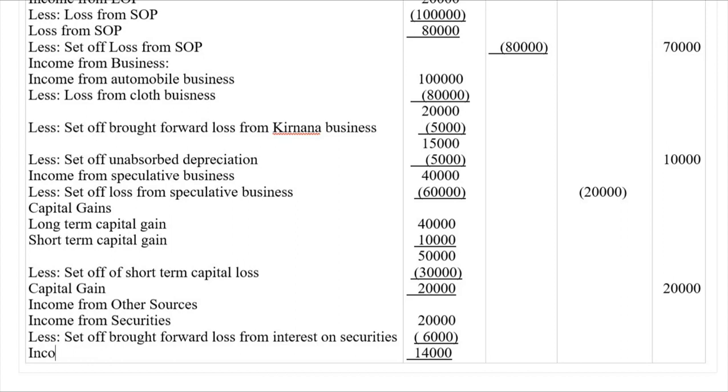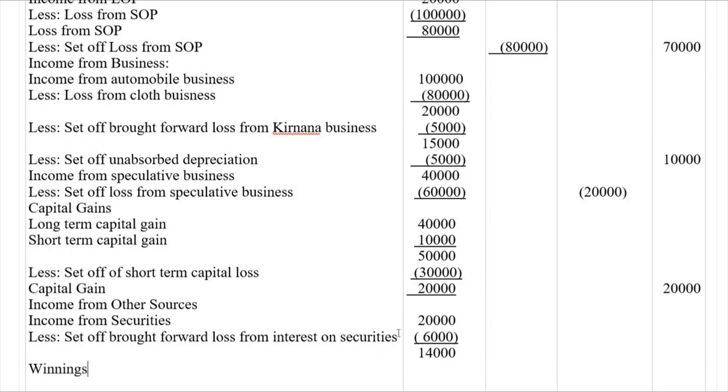Now we still have winnings from lotteries, which we should take.